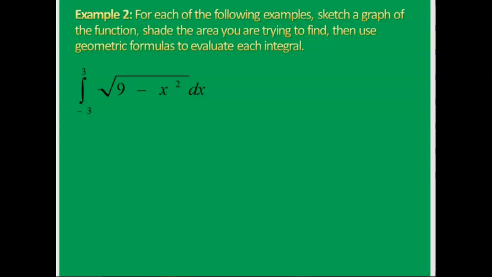A square root involving a number and an x squared will represent a semicircle. This represents a circle of radius 3 because it's r squared minus x squared equals y. So we have a semicircle of radius 3.